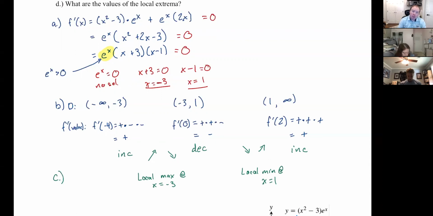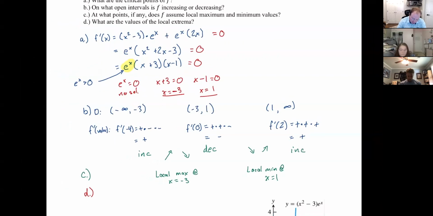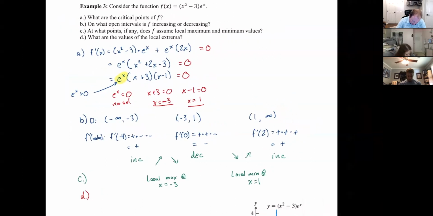Part D, of course, we want the value. So we have to go ahead and plug it back into the original. The original is way up there. So the value is actually f of -3, which you can verify yourself.